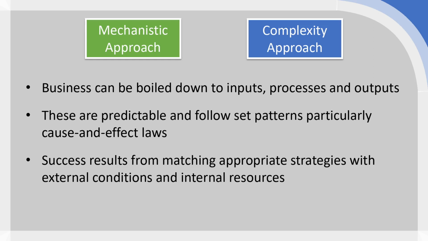So if we want to be successful in business, or we want to understand how organizations become successful, we need to look at the inputs, the processes, the outputs, and we want to match a strategy with the conditions that exist outside the organization and the internal resources it has.